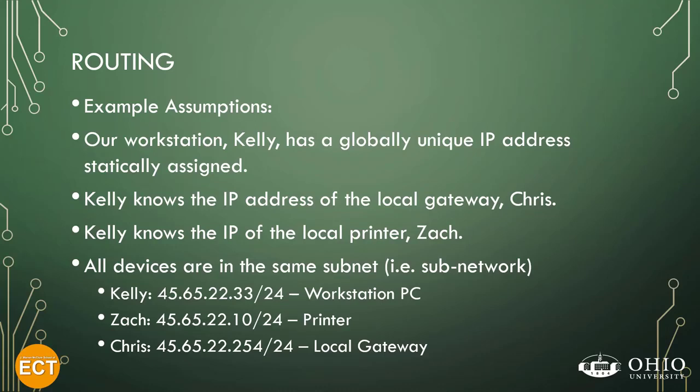So again, another IP address that gets put in as a default gateway or a local gateway. And Kelly also knows the IP address of the local printer, Zach. That way, Kelly's got everything programmed in automatically. There's no auto discovery. It's not magic. Somebody came to the machine and programmed it all in and knew the IP. Maybe they brought it on a piece of paper with them and put it in the machine. So we're starting with several known things.